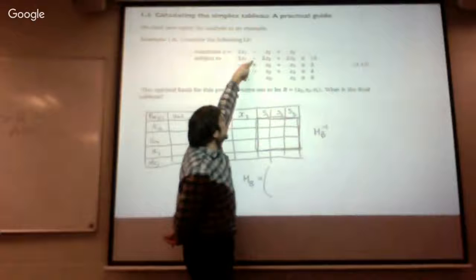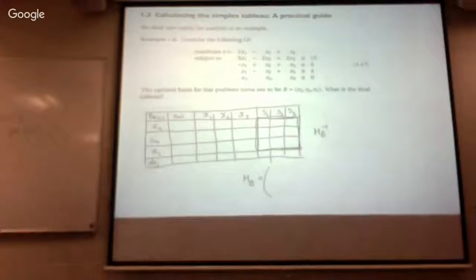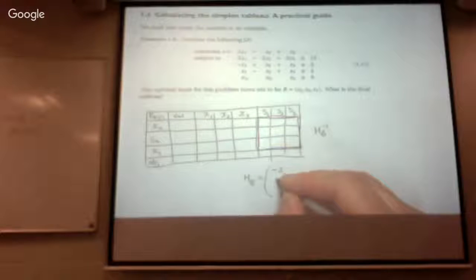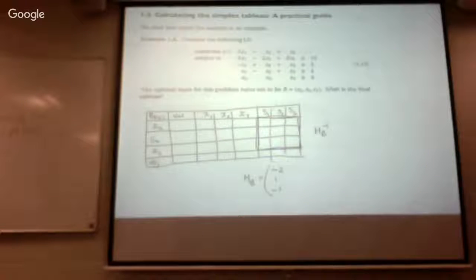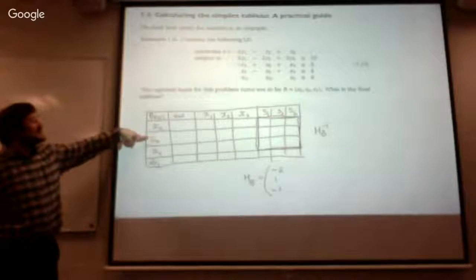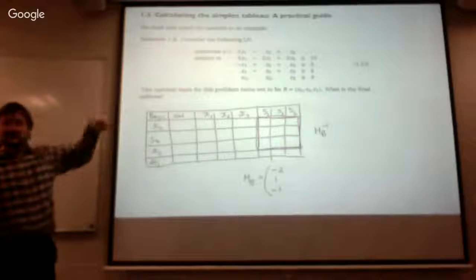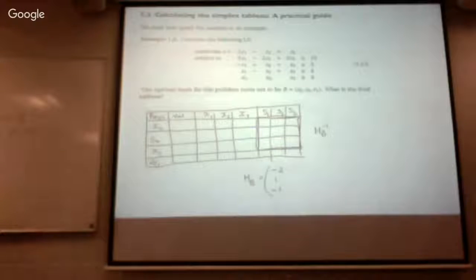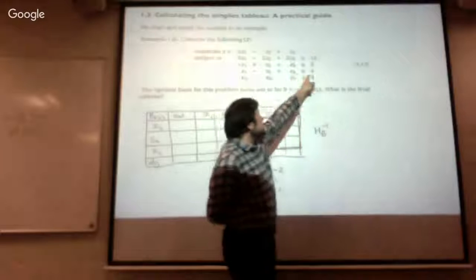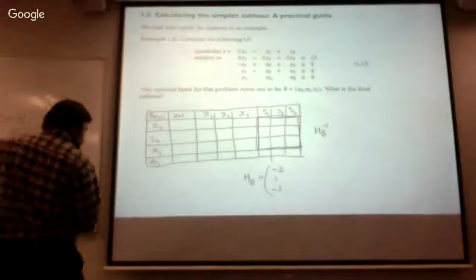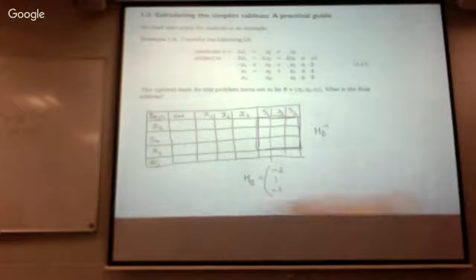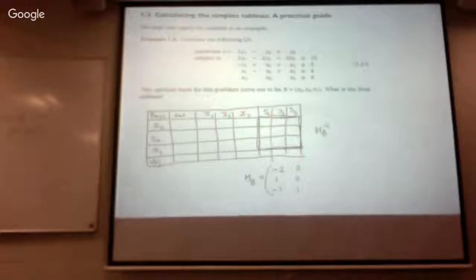So what I'm taking is -2, 1, minus 1. The second column is S3. Well, S3 doesn't have anything there, but when you add the slack variables, it would have 0, 0, 1, because there's plus S3 in the third constraint, and there's no S3 in the other constraints. So what you get is 0, 0, 1, and the x1 column is 3, minus 1, 1. Simple.